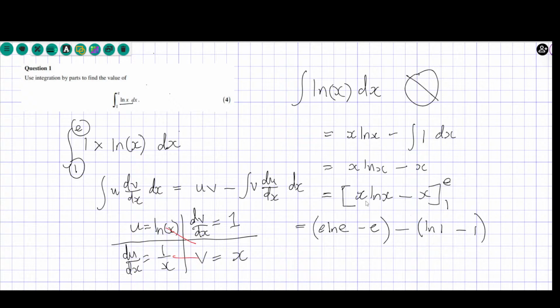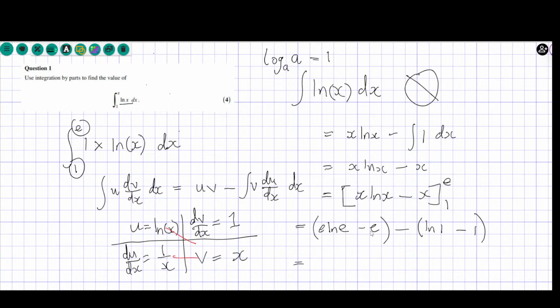And so I've got these 2 brackets, the first where e goes in, the second where 1 goes in. We just sort of clear that up. You've got ln e, which sort of disappears because ln is the log of e, and we know that any log with a base of a applied to a is going to give us 1, even if it's e, which is just a special number.